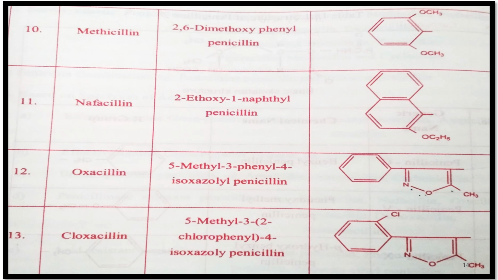So the second position of the phenyl group is substituted by a chlorine atom. The fifth position of the isoxazole nucleus is attached with a methyl group, so 5-methyl. Then the third position of the isoxazole nucleus is attached to 2-chlorophenyl group, and the fourth position is attached to acyl amino side chain.